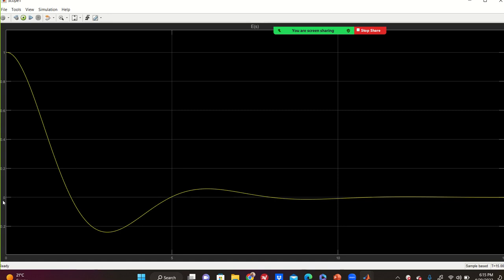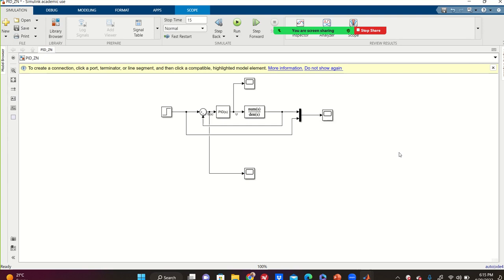So now you're an expert of Ziegler and Nichols, which is a very limited case, but works. Okay, everybody? Clear? Any question?